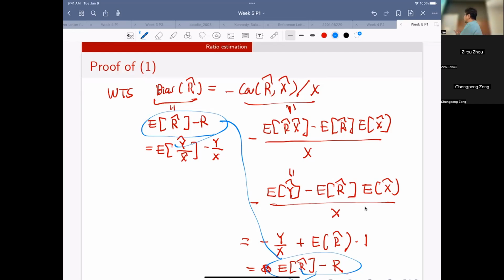So basically the bias of the ratio has a covariance interpretation. That's the basic message.